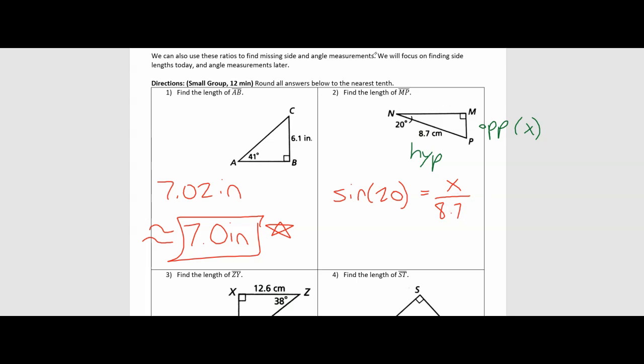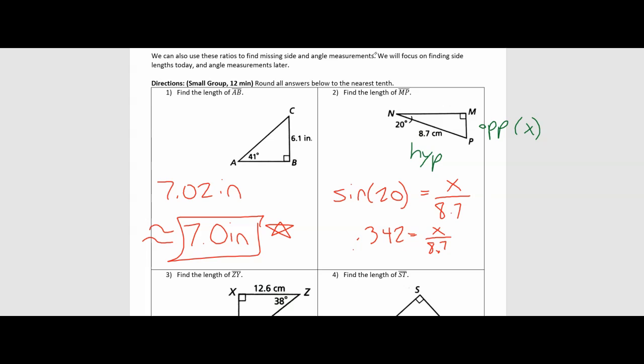To solve this, again, you could go back to your Desmos calculator. I'm not going to go back there because I have another calculator pulled up. Sine of 20, if I round to 3 decimal places, is approximately 0.342. So 0.342 is equal to x divided by 8.7.